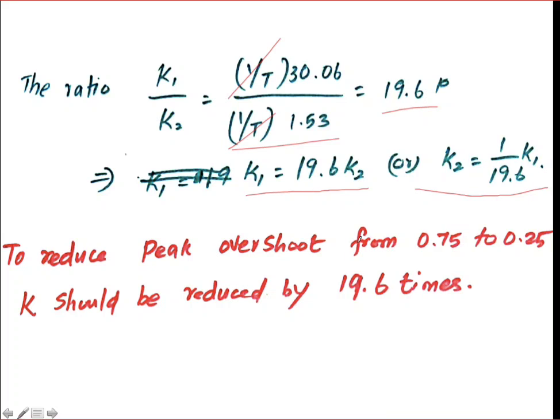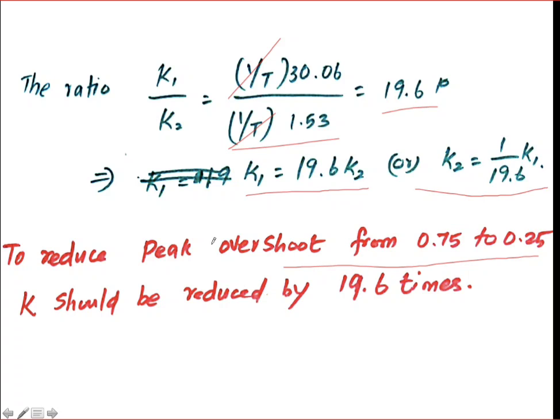k1 is related to peak overshoot 0.75, and k2 is nothing but the gain of the control system when the peak overshoot is 0.25. Now what they asked in the problem is to reduce the peak overshoot from 0.75 to 0.25, so k1 to k2.